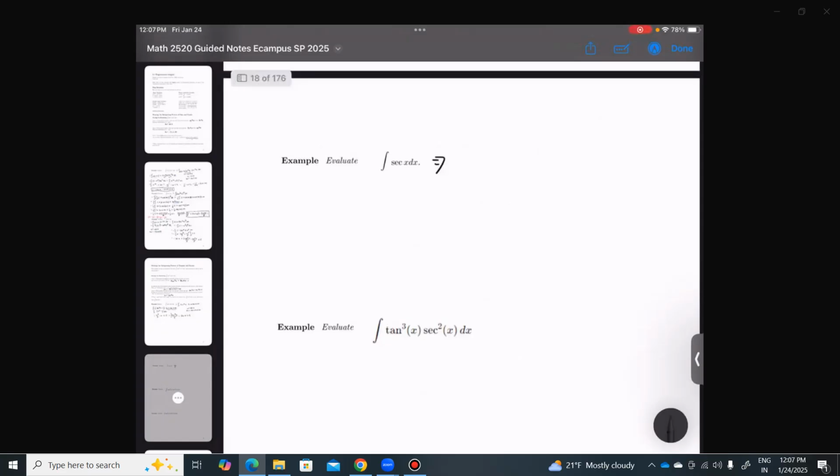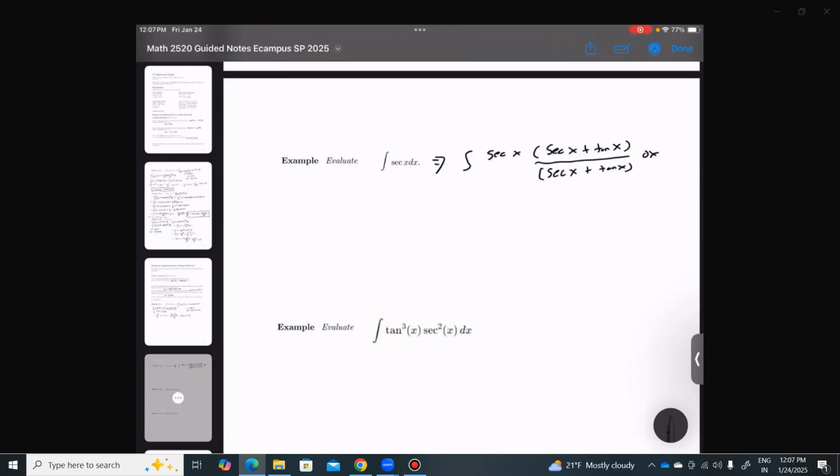So what we were going to do with this one is actually multiply it by secant x plus tangent x over secant x plus tangent x dx. This is where the creative part comes into play. It almost seems like, why would we do that? Well, we're trying to get something where we can use that rule, and this will turn out to be the best way of doing it.